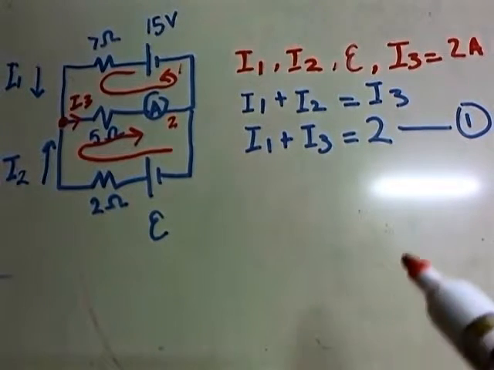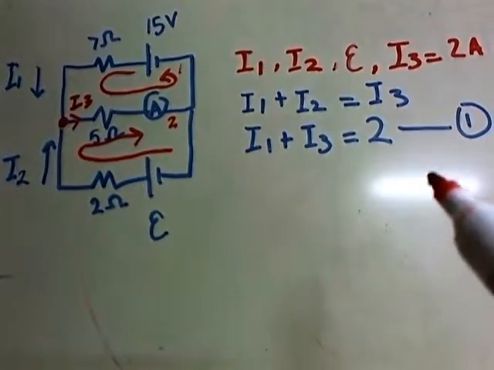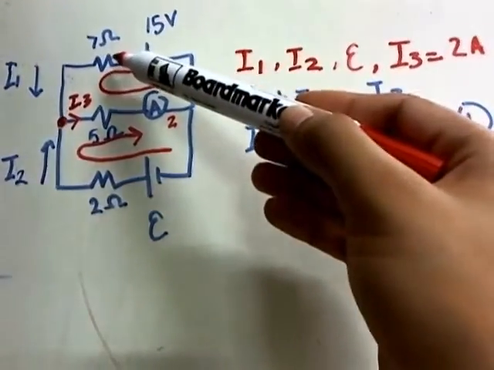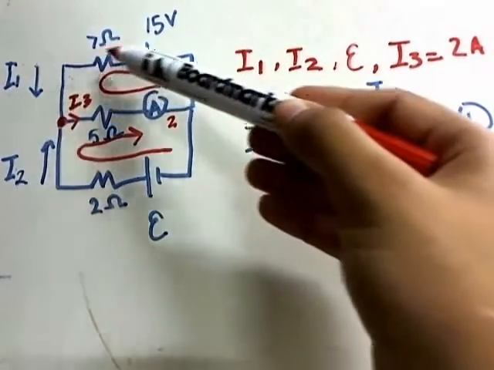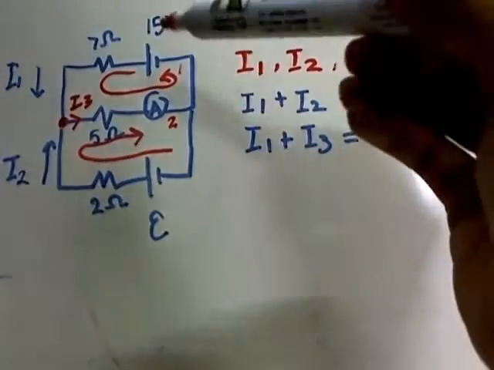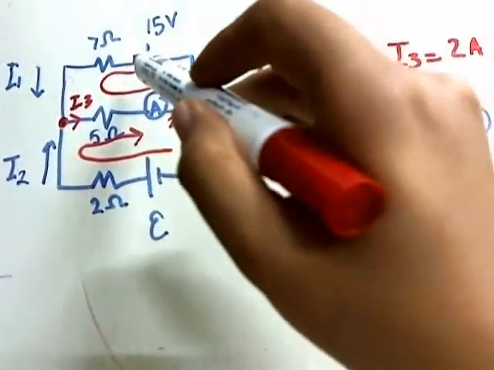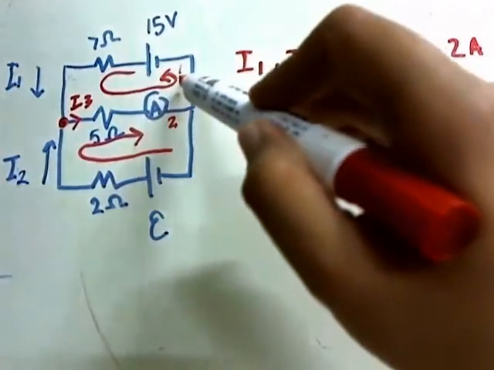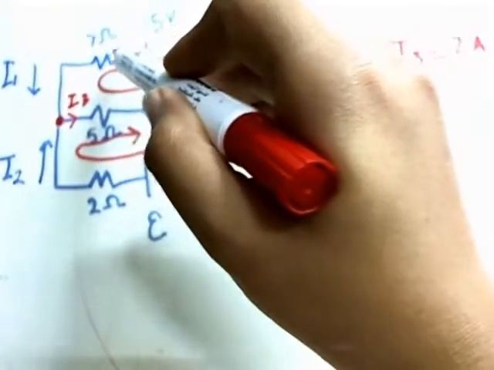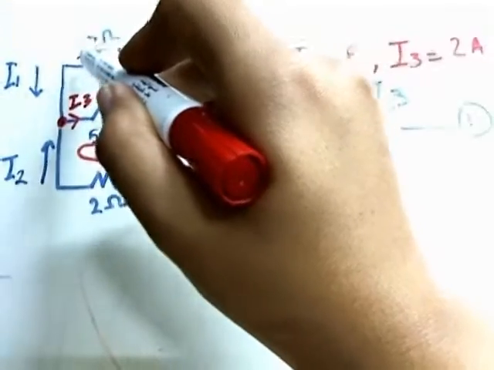Now, we're going to label the terminals of each resistor. That means I'm going to find out which side of the resistor is positive and which side is negative. To do that, you just check where the current is entering from. It's entering here, so that's positive, and it's leaving here, so it's negative.